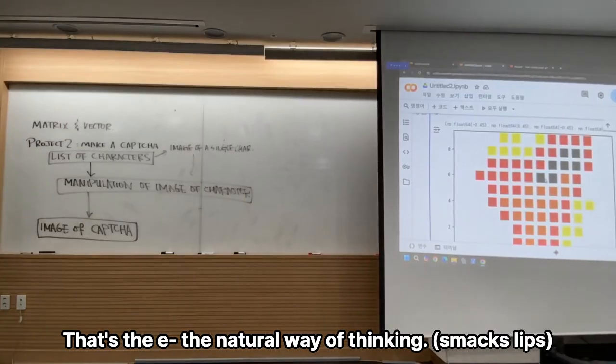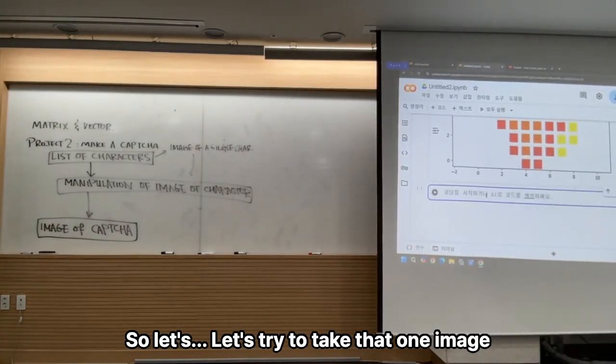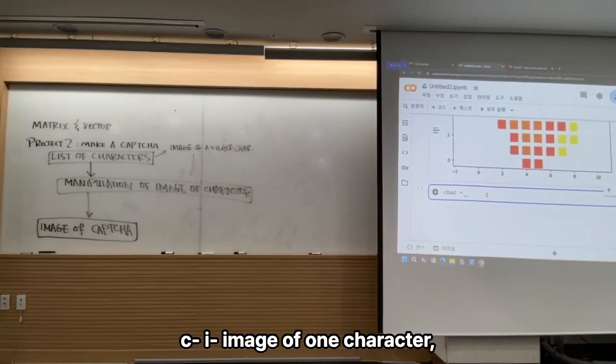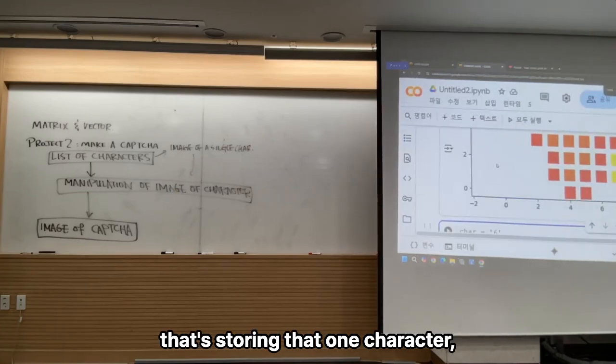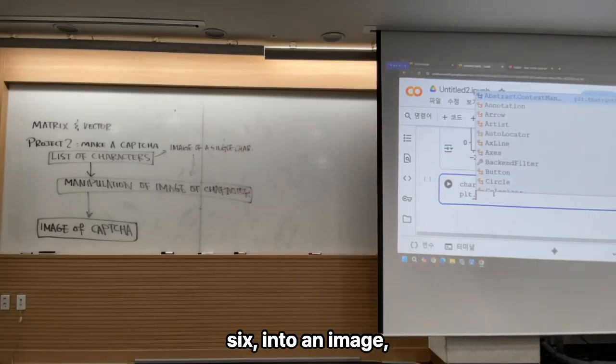So let's try to take that one image of one character. Let's say I want to take 6. Okay? So character is just the variable that's storing that one character. And I want to transform this information 6 into an image. So I need to plot this image.